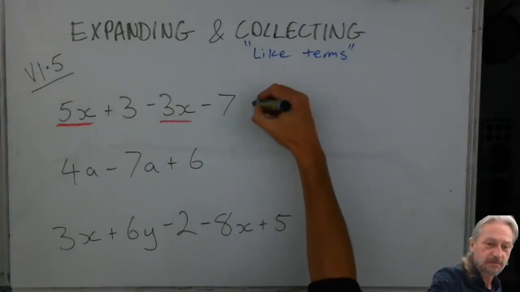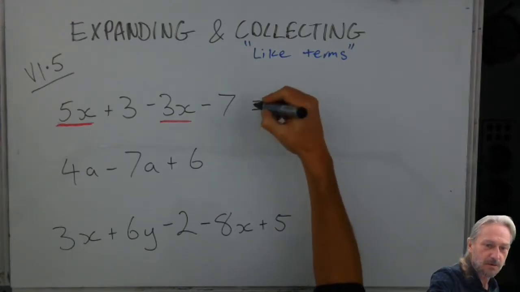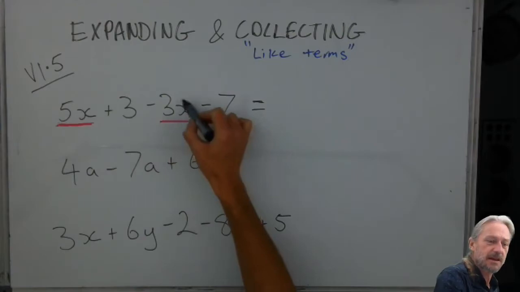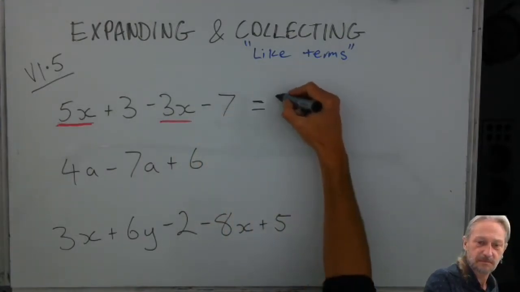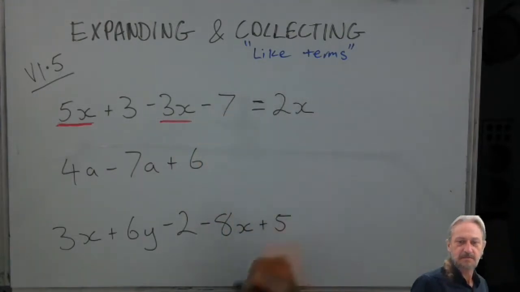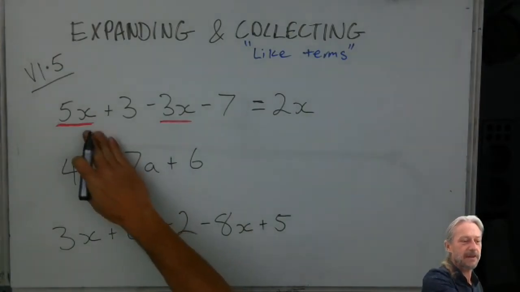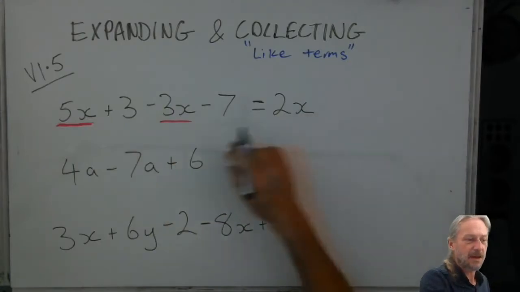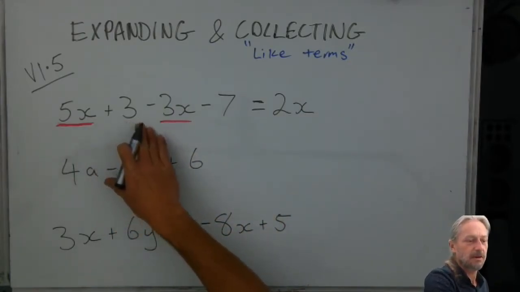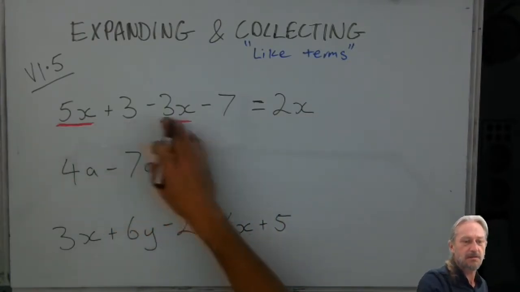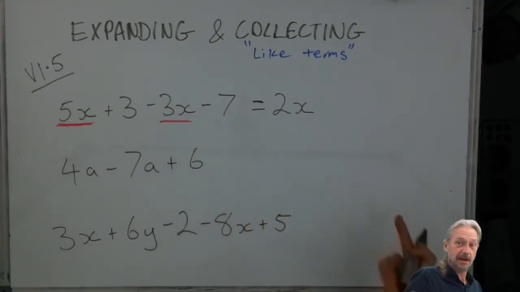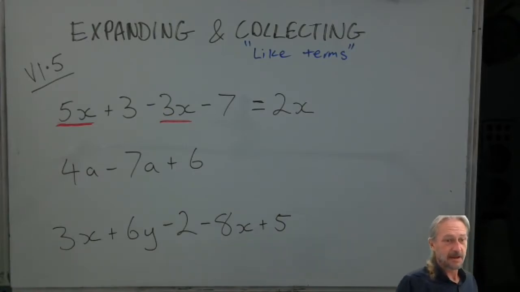So really, this equals 5x take away 3x. We're going to end up with 2x. 5 of these things, take away 3 of these things. And then we've got positive 3, take away 7. 7's bigger than 3, so we're going to end up in negative land.